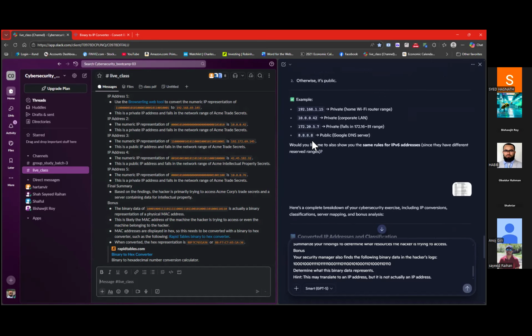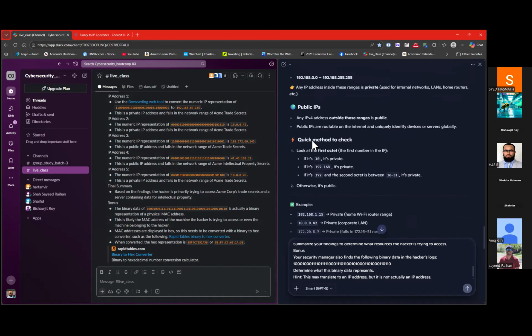হাবিব একটু উপরে যান, একটু স্ক্রোল করে আপ করেন। হ্যাঁ, এই যে কুইক মেথড টু চেক, look at the first octet.